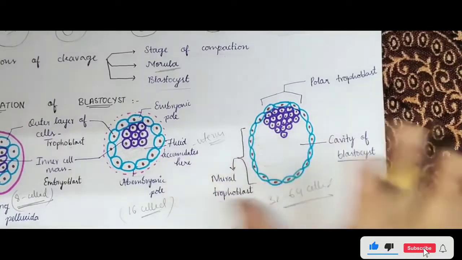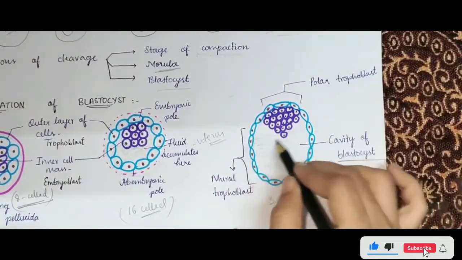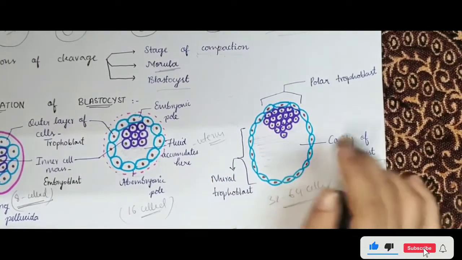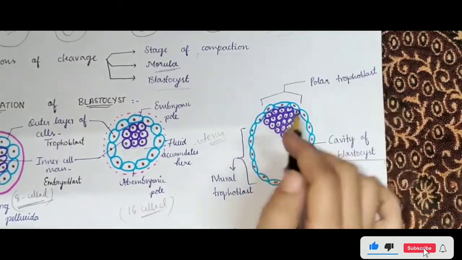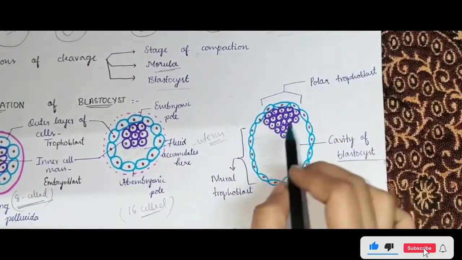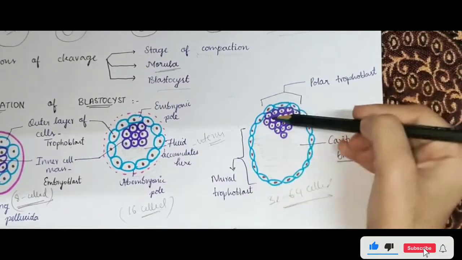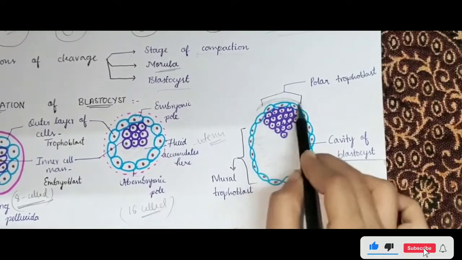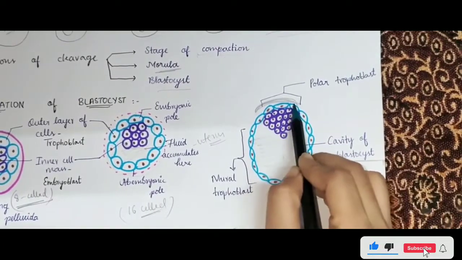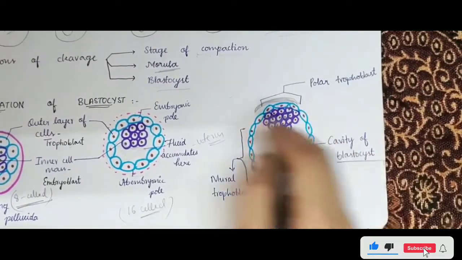Very simple. The cavity of the blastocyst we call blastocele, and the inner cell mass is situated only on the inner surface of the trophoblast, on one side only, and this is called the embryonic pole or animal pole.